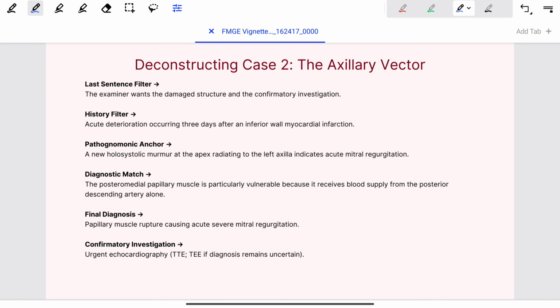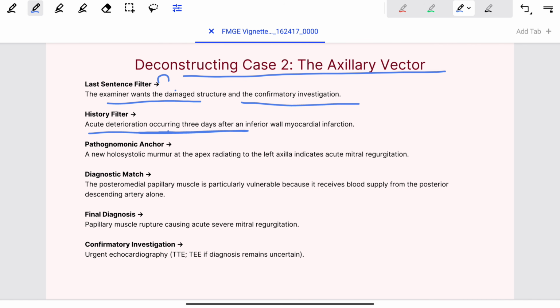Deconstructing case number 2, the axillary vector. Let's analyze the clues one by one. First, identify the target. The examiner wants the damaged structure and the confirmatory investigation. Second, examine the timeline. The patient deteriorates 3 days after an inferior wall myocardial infarction. This timing should immediately raise concern for a mechanical complication of myocardial infarction.